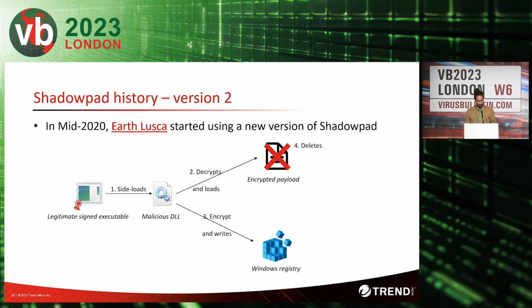So you end up with a loader without even knowing what it loads. So it's very smart on the threat actor side. This kind of division in 3 files is very common for plugins or this kind of stuff, but the fact that the payload is deleted is kind of specific, as far as I know, to this Shadowpad version.